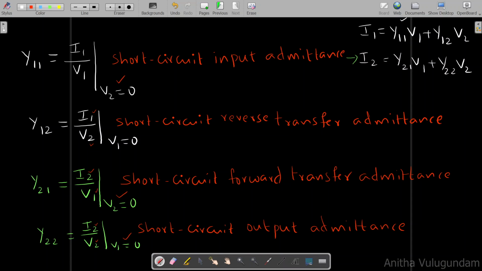Next, let us draw the equivalent circuit. From the equations, we can see I1 equal to Y11 V1 plus Y12 V2, I2 equal to Y21 V1 plus Y22 V2. So we can draw it in such a way that when you apply KCL, it satisfies these equations.